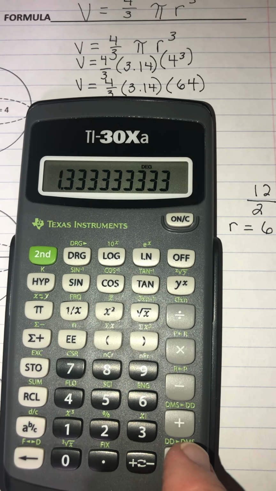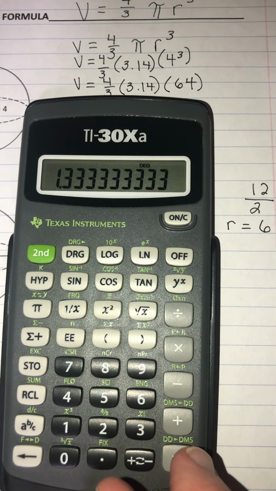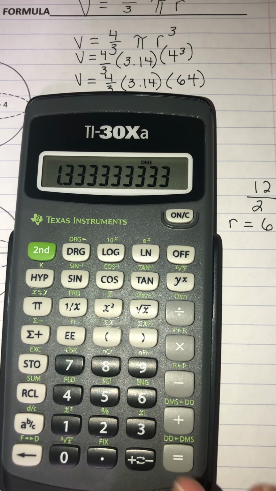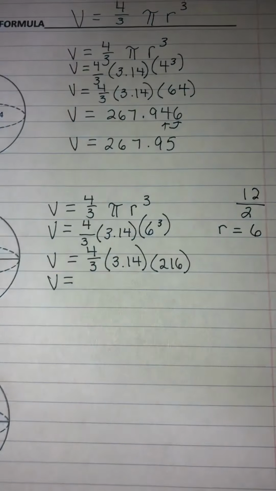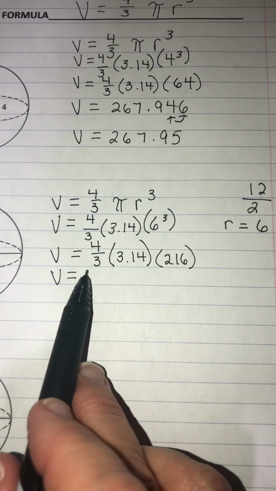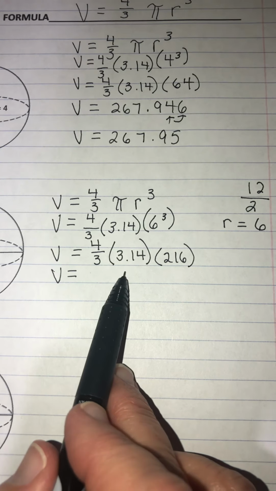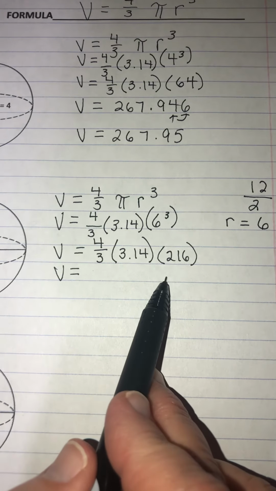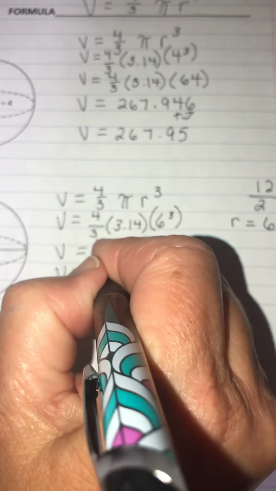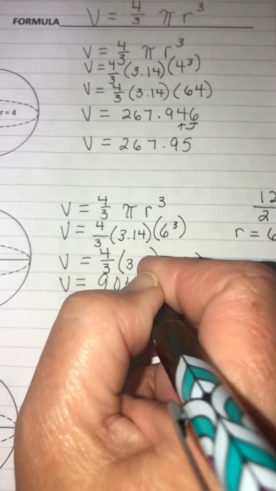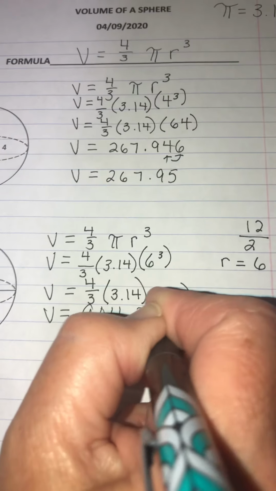So either way, whether you're doing it on an iPhone or your Android or whatever, you can do it both ways. So once we get that, we multiply 4/3 times 3.14 times 216. This one's very nice, 904.32.